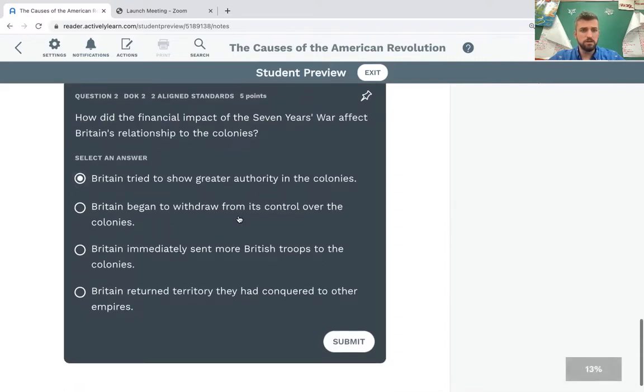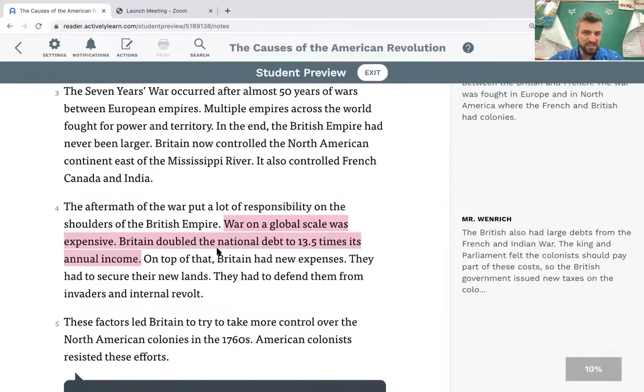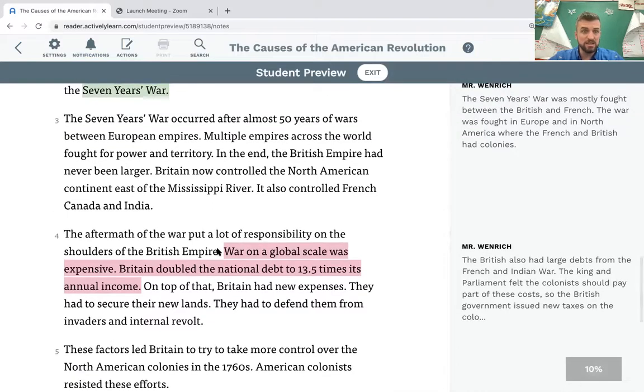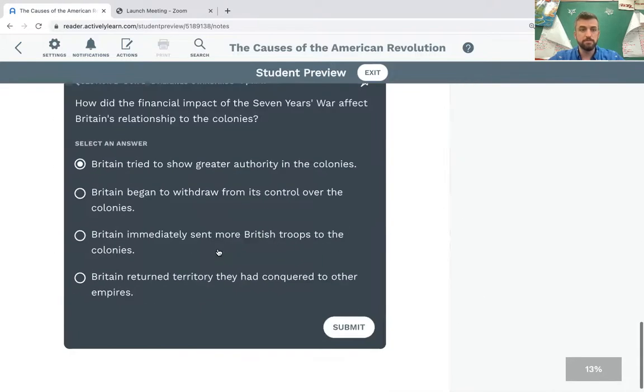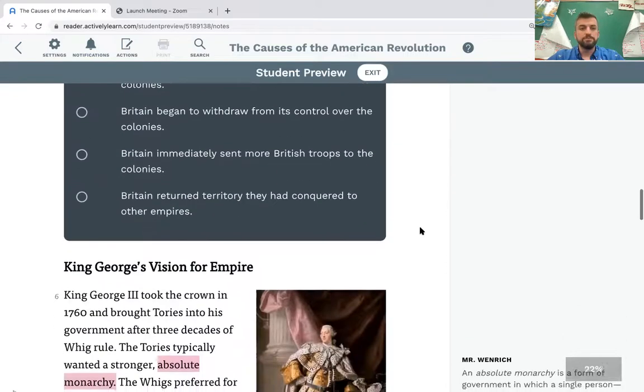Yeah, maybe. Britain returned territory? No. Britain immediately sent more troops to the colonies. Did that happen? No. Yeah, I know I'm right.